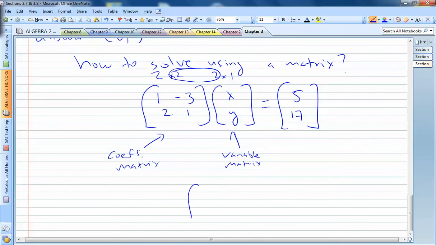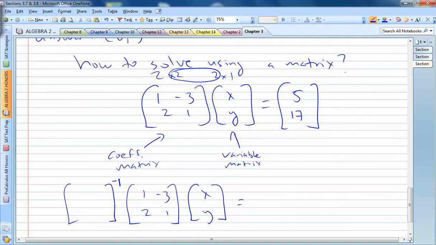To get x and y by itself, what you have to do is multiply both sides by the inverse of your coefficient matrix. You might remember the negative 1 power is like when something's flipped over. It's kind of the same thing here, but not really.